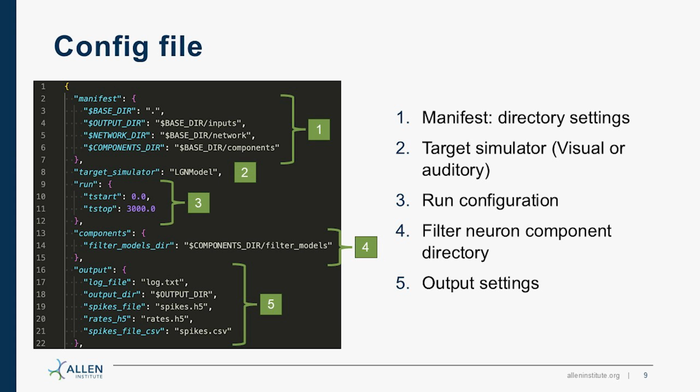There's also a rates option. These files are fairly large, but it's useful for diagnosing if the model's working properly. And as another side note, this spikes file can be either in H5 or CSV format. It's up to you what you want to use. The trade-off is that the H5 format is more efficient, so it'll be a smaller file, but it's a little more work to read out. So 2 options.